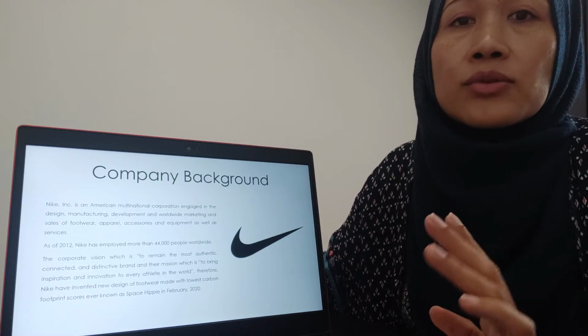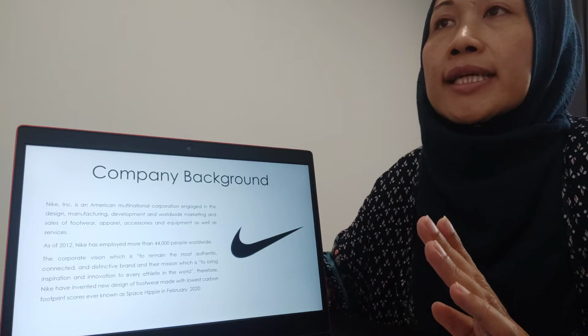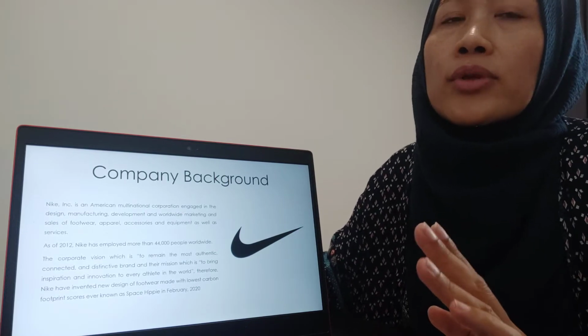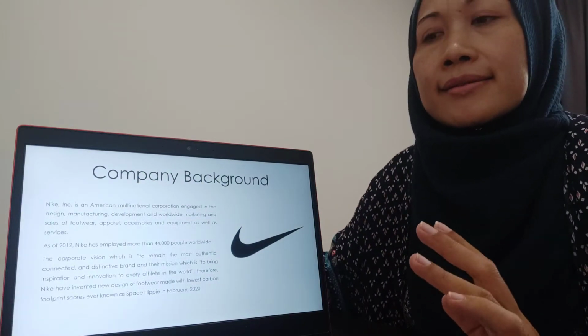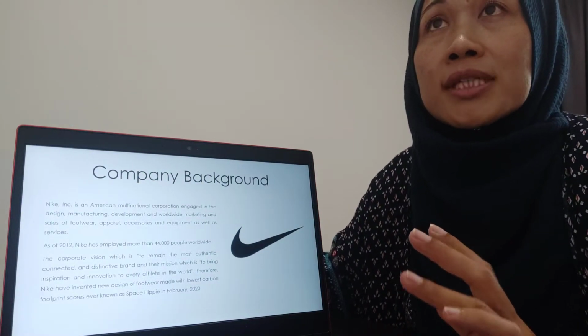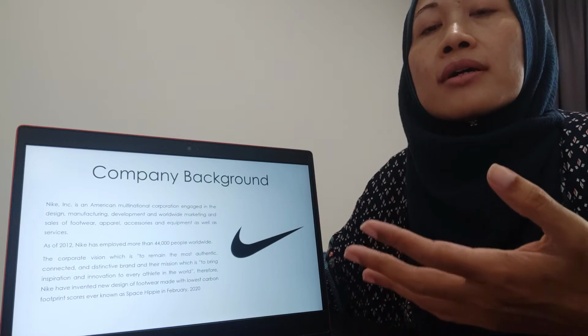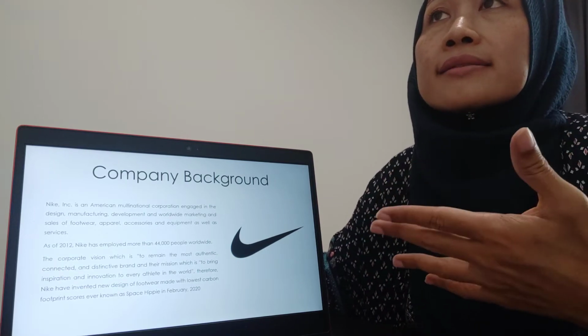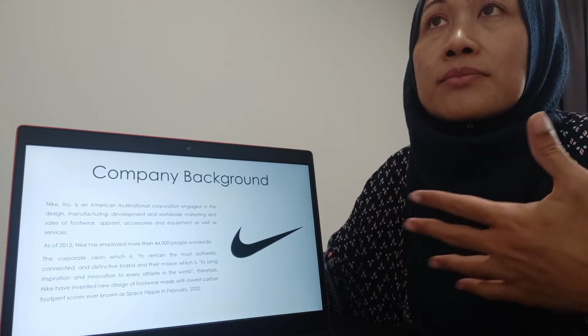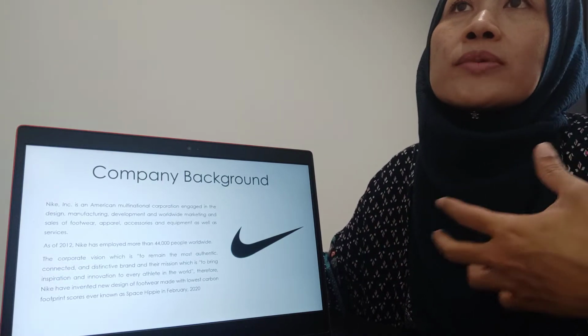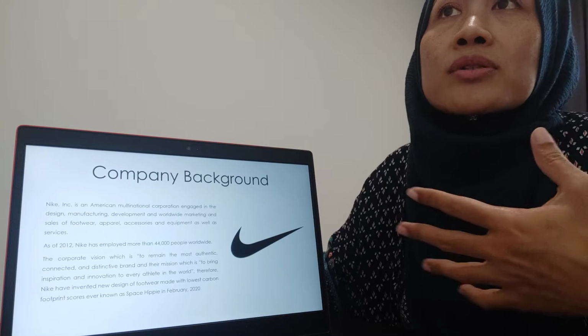As at 2012, Nike has employed more than 44,000 people nationwide, and as at 2014, the brand itself was valued at $19 billion, making it the most valuable brand among sports businesses.